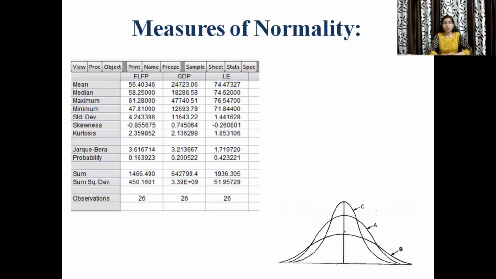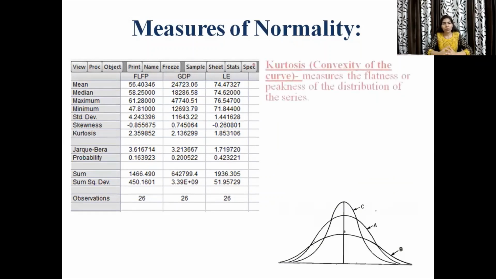Now coming to the next measure of normality. See, even if we know the measures of dispersion, measures of central tendency and skewness, we still cannot form a complete idea about the distribution.